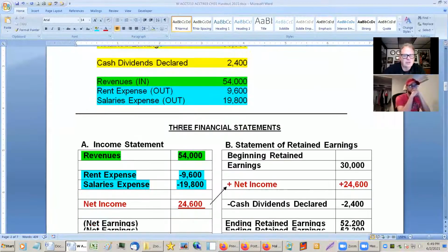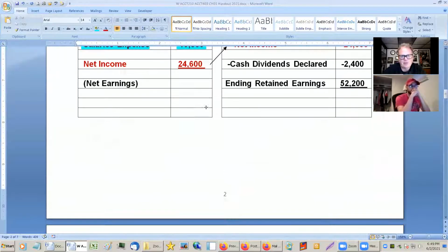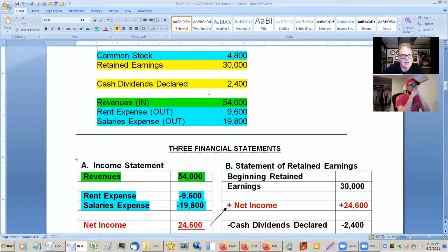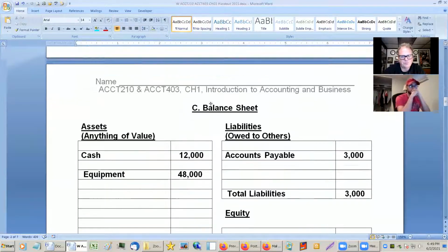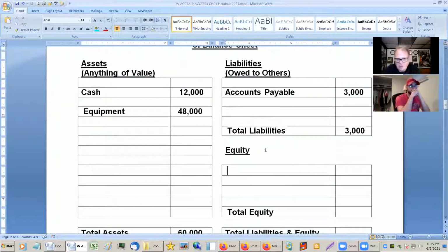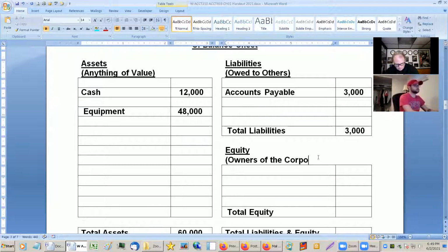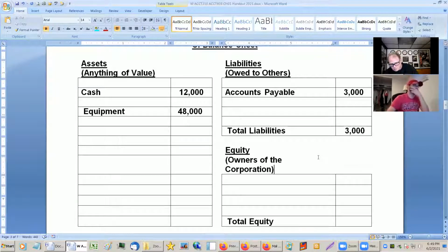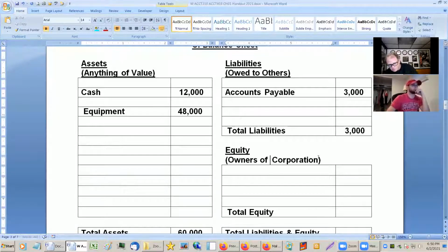Okay, before I go down, let's make sure I know how much it is for you. So in our equity section, these are the owners. Okay, I know that's not grammatically right, but we'll go with it for now.